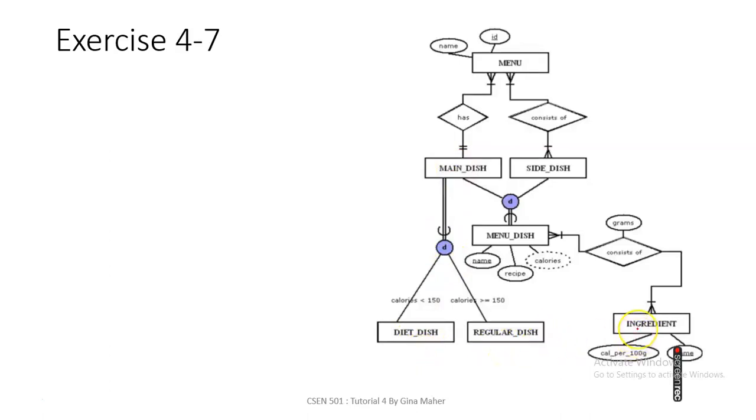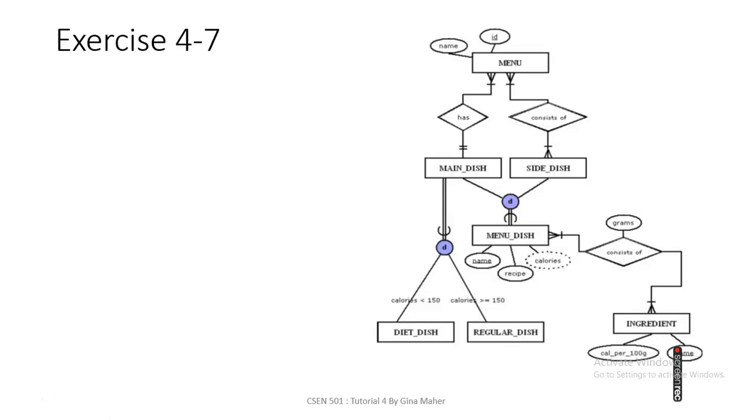And here we have entities called ingredients and menu, and there are many relationships between different entities. Let's see how we are going to solve this problem.